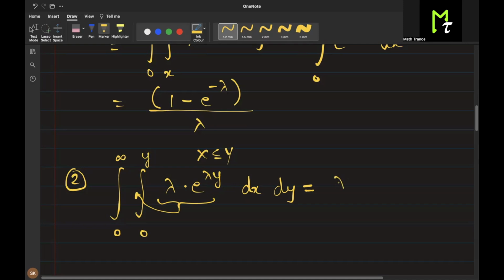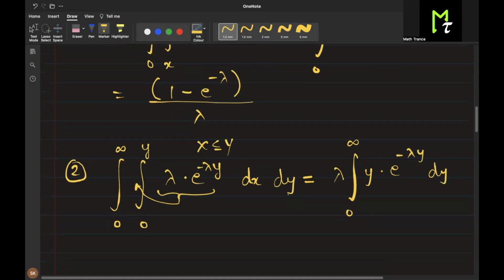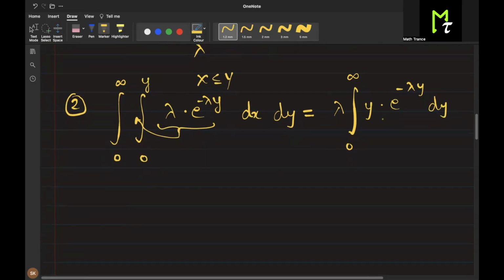So it will become, I'm taking lambda constant out, 0 to infinity, y into e to the power, I forgot a minus sign here, minus lambda y dy. I've solved this previously in my previous video. We know the general form of this integral. So we'll rather perform integration by parts for your simplicity.